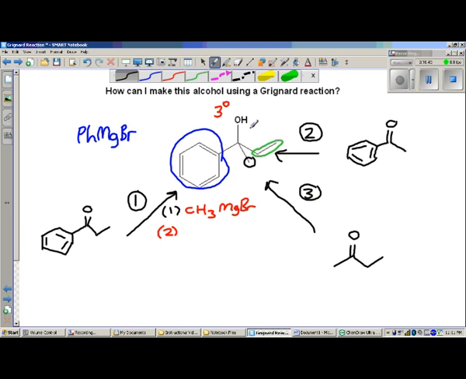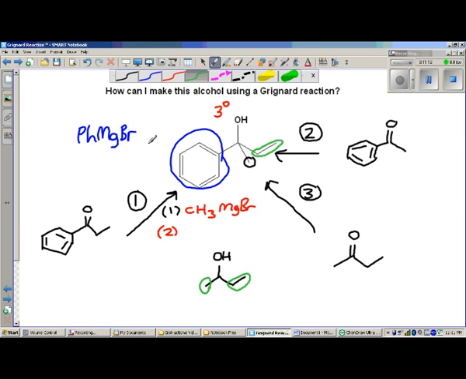All right? So with a tertiary alcohol with 3 different groups, it means potentially 3 different ways to make it. If you had a secondary alcohol like this one, hopefully you can see there would be 2 different ways to make it, where you either add the ethyl group in as your Grignard reagent, or you add in your methyl group.